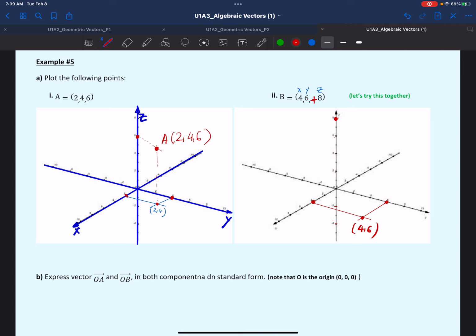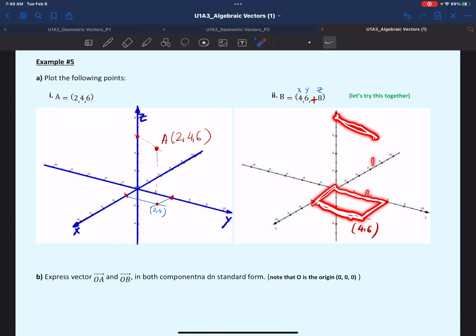And from this point, I'm going to rise 8 units. Now remember that we are here on the z-axis, 8 units higher, and we're rising 8 units above this rectangle, which looks like the parallelogram. So for this, we're going to draw a line that is parallel to this one here, right?